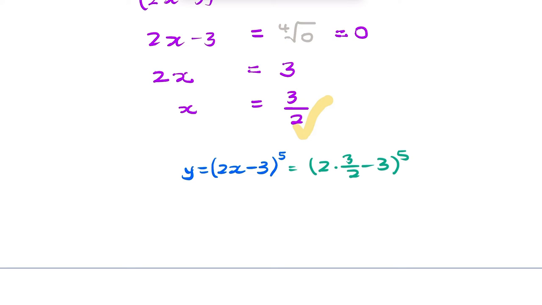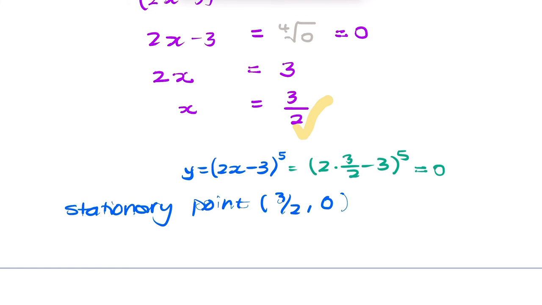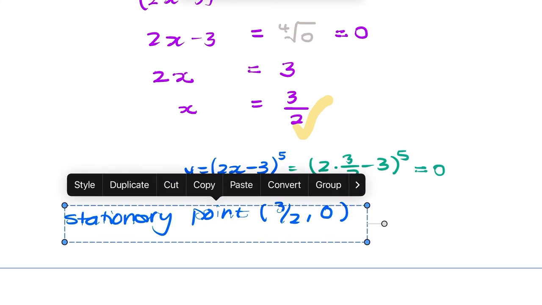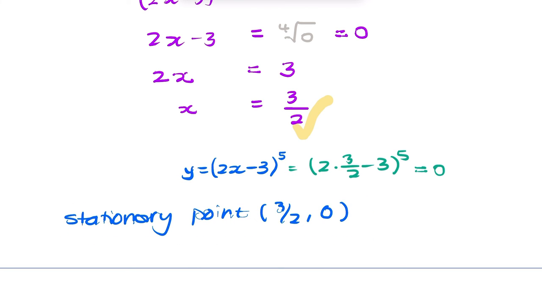And that's your value of y. So that's 2 times 3 over 2 minus 3, which is 0. So that's easy. So the stationary point is therefore (3 over 2, 0). And that would be your final answer for a question like that.